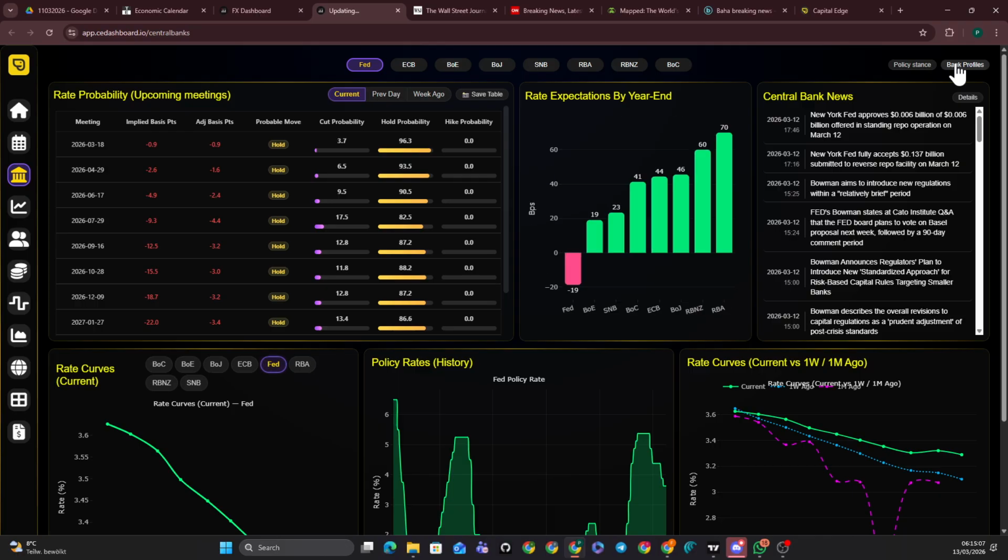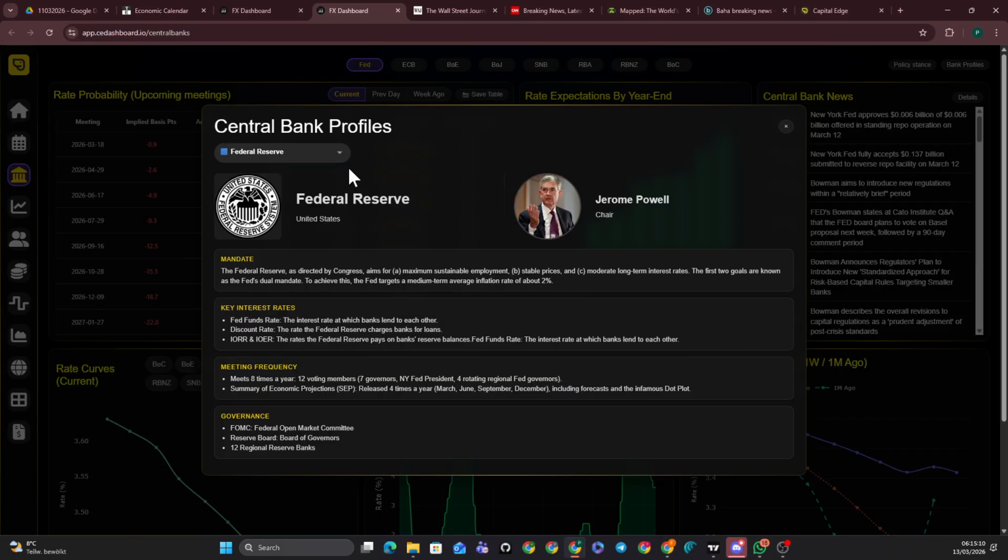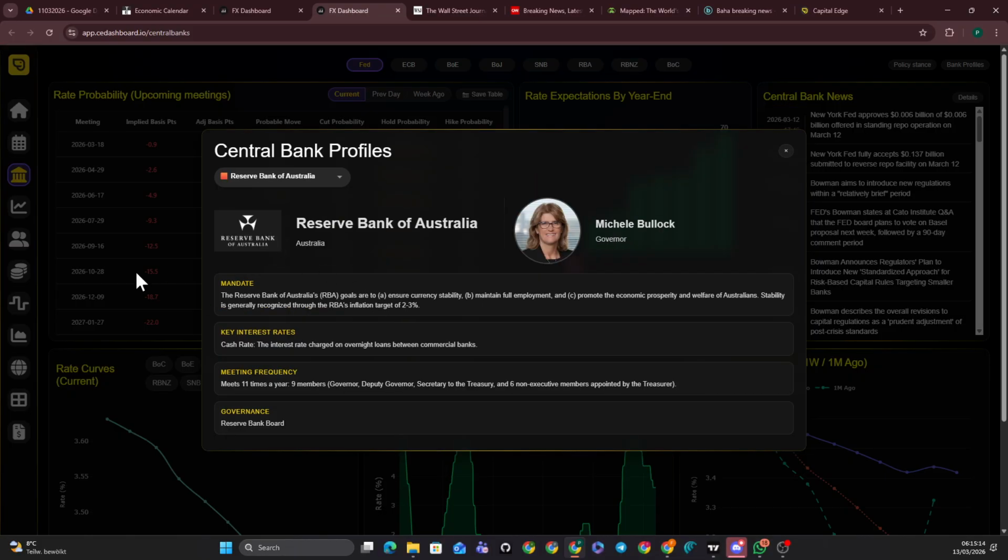Let me take this back to the Reserve Bank of Australia. The main mandate of the Reserve Bank of Australia is to ensure currency stability, maintain full employment, and promote economic prosperity and welfare of Australians. Currency stability is generally recognized through the RBA's inflation target of 2 to 3%.